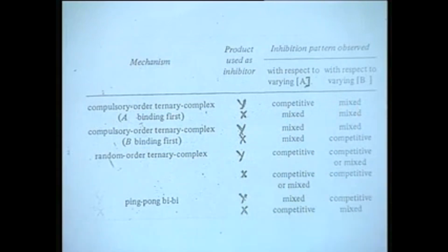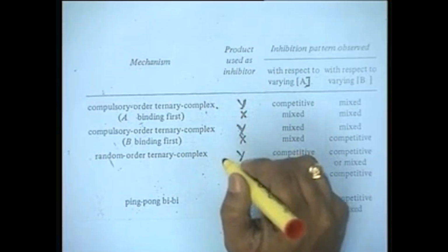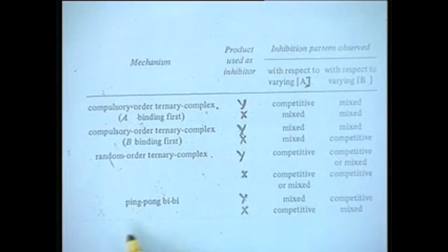So by getting the inhibition data on bisubstrate reaction kinetics, by choosing one product or the other product, one can get a set of data from which one can conclude whether it is an ordered ternary complex formation or a random ternary complex formation. Of course, identifying the ping pong mechanism comes directly from the effect of substrate concentration on the reaction rate itself.